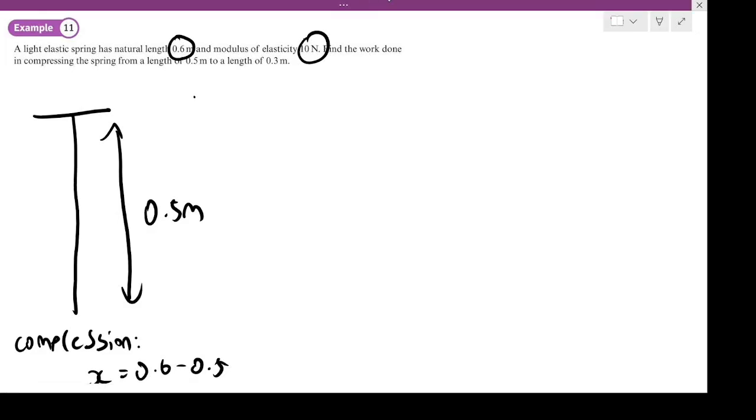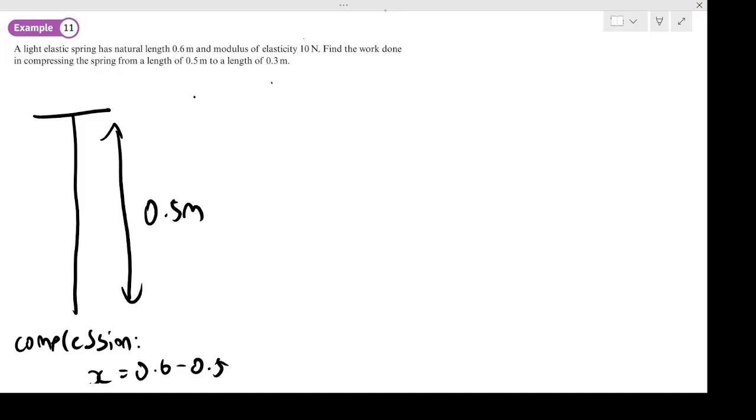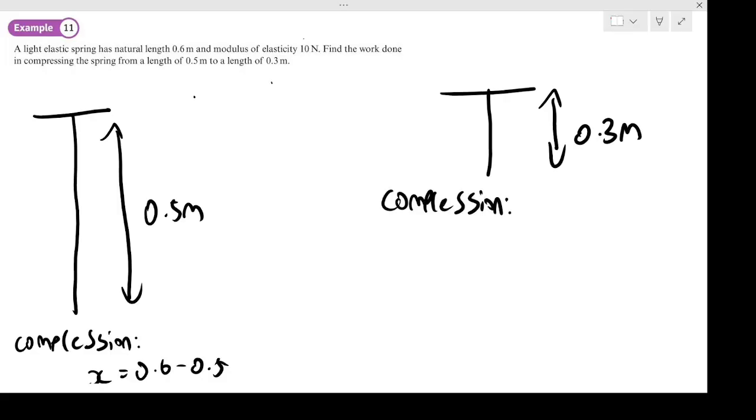Now I'm told the length of the string is now compressed to 0.3, so it's going to be even shorter now. So it's going to look a bit like that. So now my length is 0.3 meters here. So firstly then, my compression in this case, well, the original natural length is 0.6, and now the length goes to 0.3.